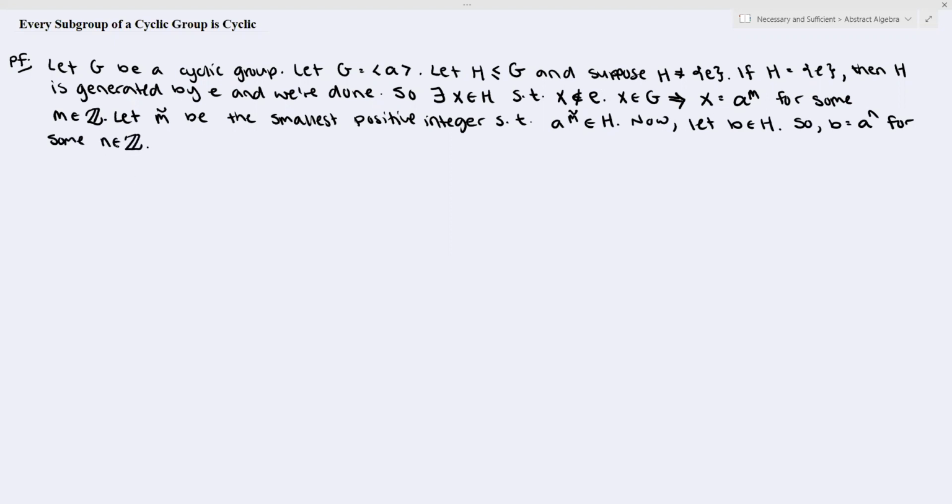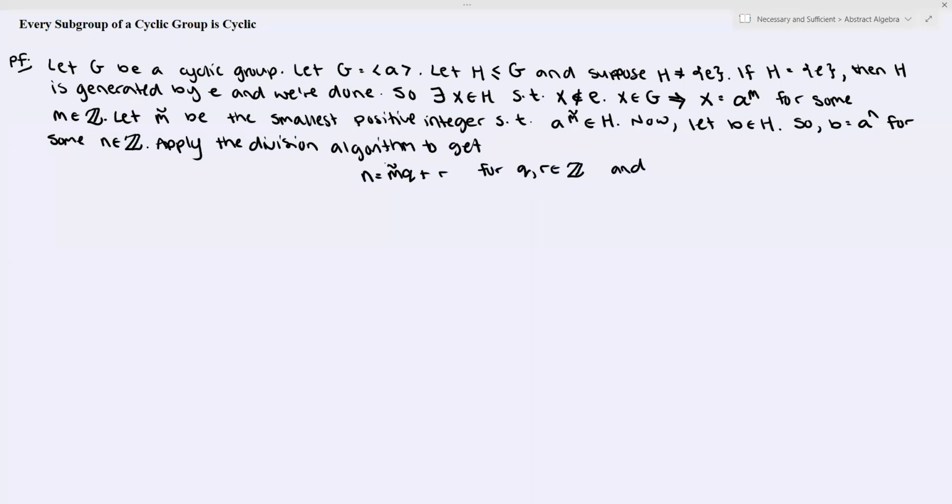Now notice we have an integer N and an integer M tilde, so we're going to apply the division algorithm to these two integers. Applying the division algorithm, we get N is equal to M tilde Q plus R for some integers Q and R. And here's the most important part.